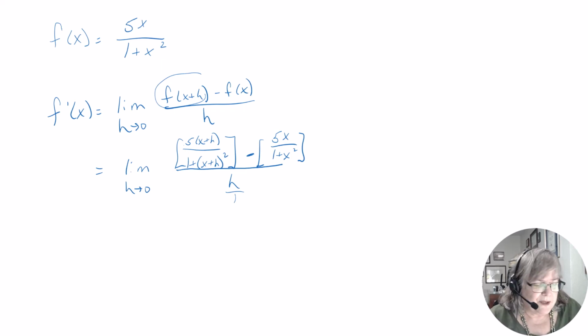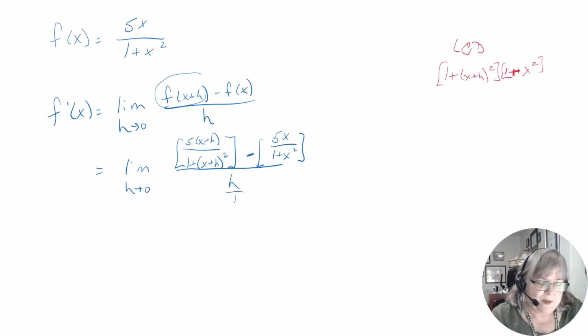So the least common denominator is 1 plus x plus h squared times 1 plus x squared. That's your least common denominator. Okay, so we are going to multiply this top and bottom by, oh my, things just stopped writing.